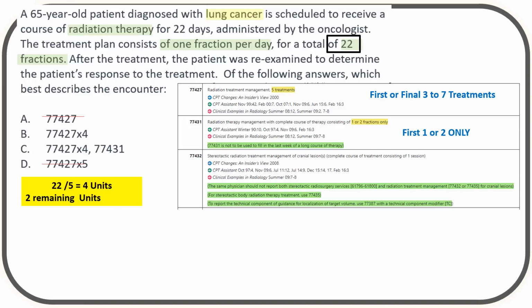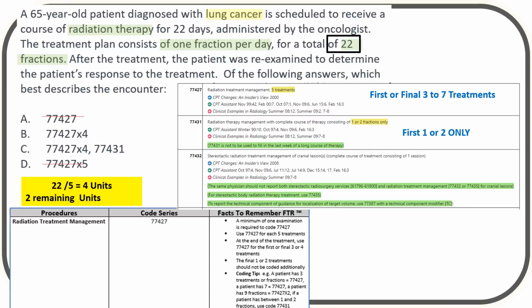There you go. We cannot code it because we have 2 days at the end of a long course. The final 1 or 2 treatments should not be coded additionally. So therefore we cannot code C, and B is our answer.